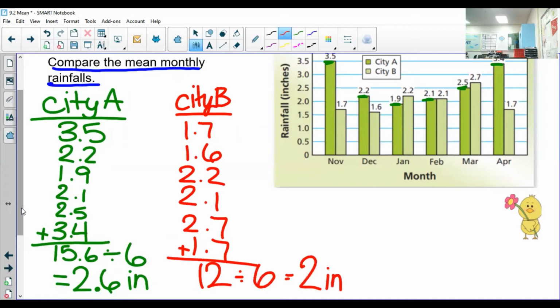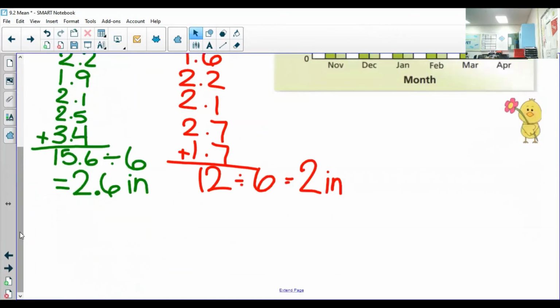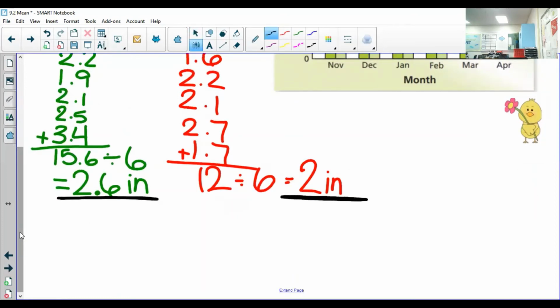So let's take a look at our means. They want us to compare the mean monthly rainfalls. So in city A, there's 2.6 inches, and in city B, there's 2 inches. So if I were going to compare these, I would need to write a complete sentence.